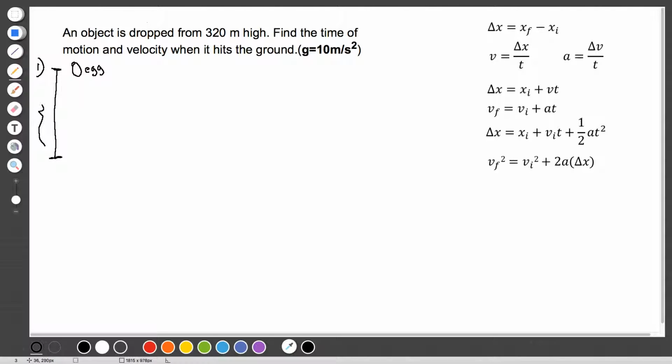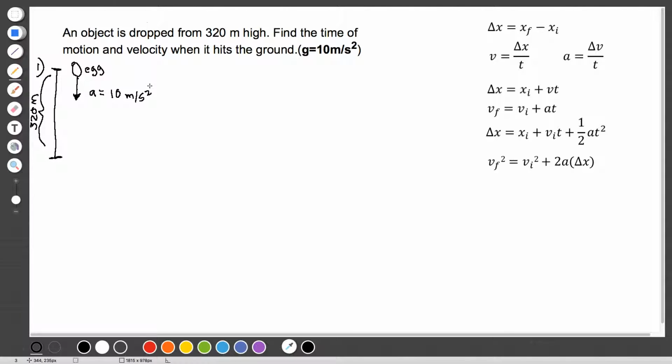And this distance right here is 320 meters. And the object is moving under the acceleration of gravity from the Earth, and that is equal to 10 meters per second squared.